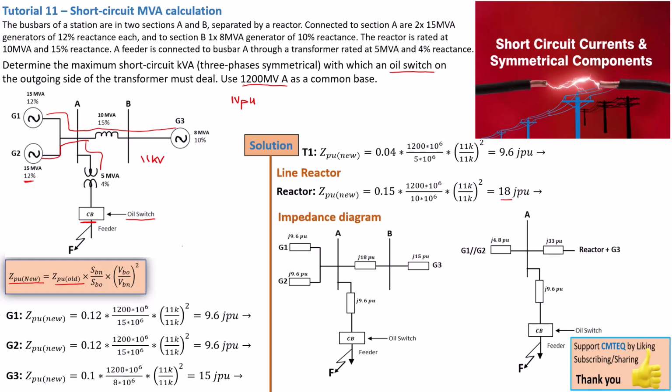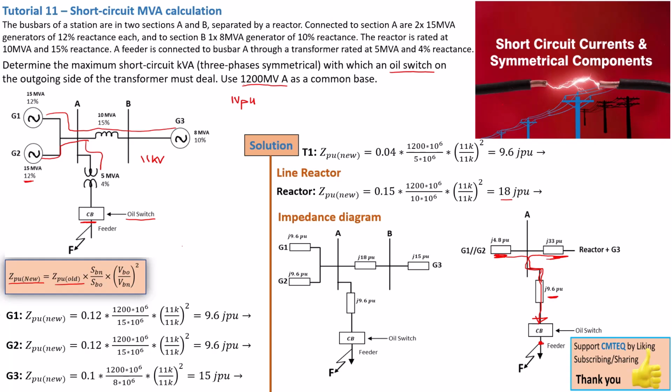Remember, the fault is located just after the transformer that we've already converted to 9.6. Which means the current coming from generator 1 and generator 2 is going to flow like this, the fault MVA, and flow down here to where the fault is. The same thing coming from generator 3 is going to flow here. So we effectively have this impedance here in parallel with this impedance, and the two are now connected in series with this impedance here.